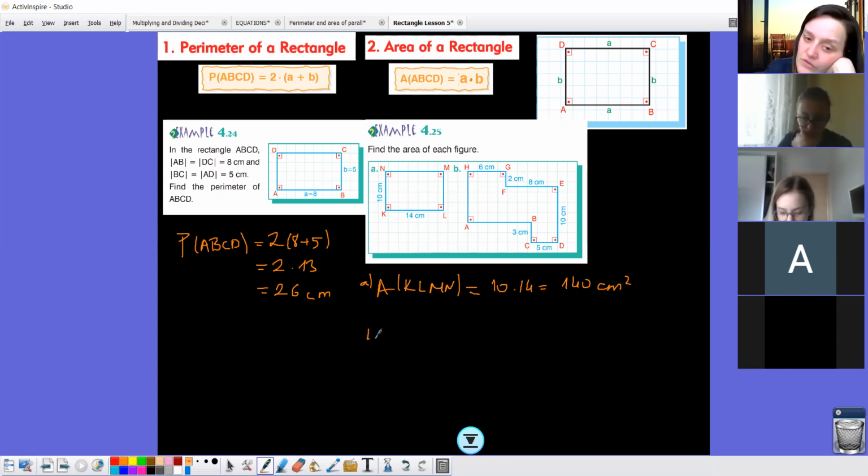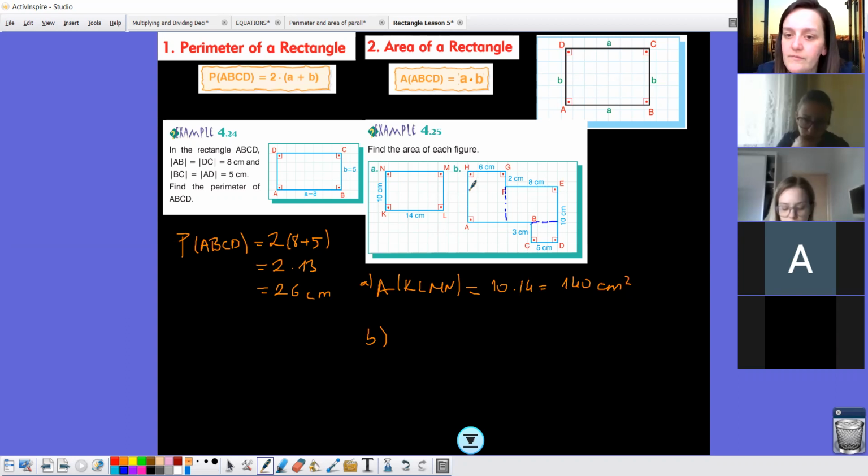In B, we need to separate this one into rectangles. Firstly, I am choosing to separate like this, this one first, and this one more here. Now, this is 6. What will be this side AH?